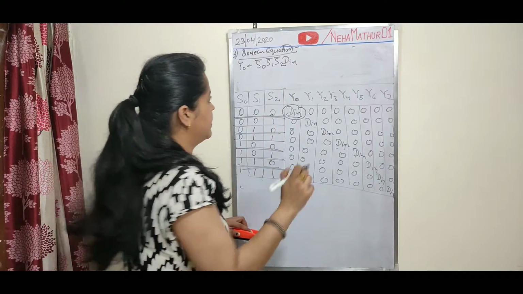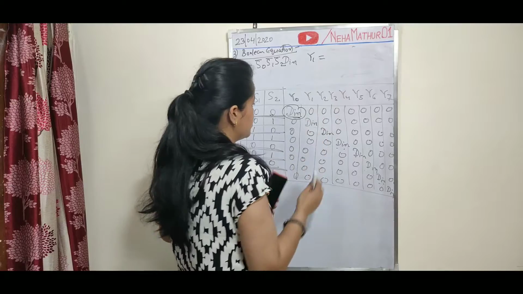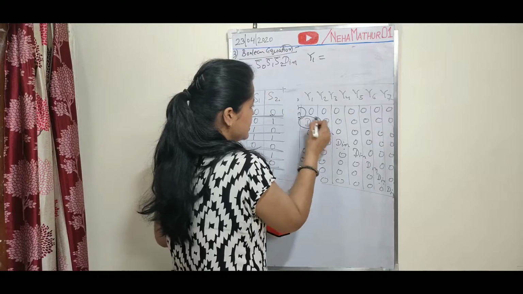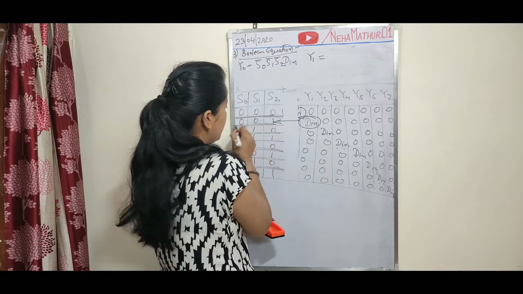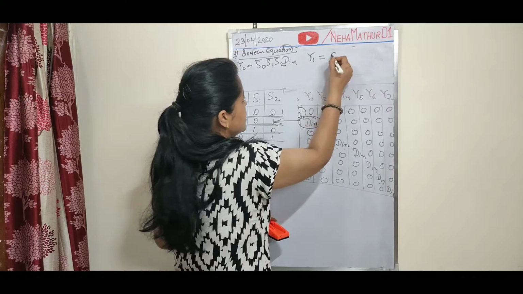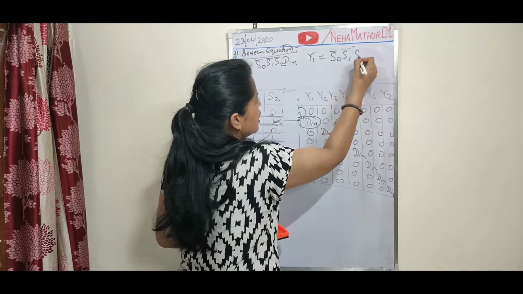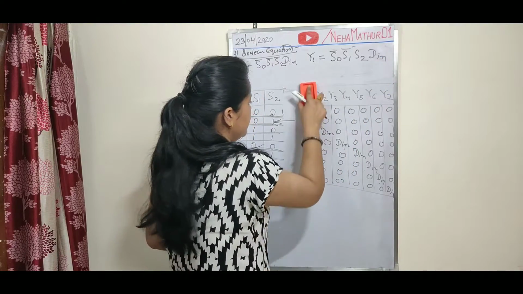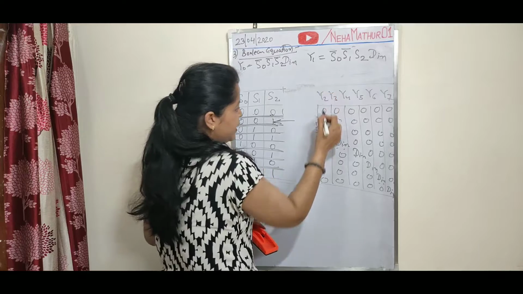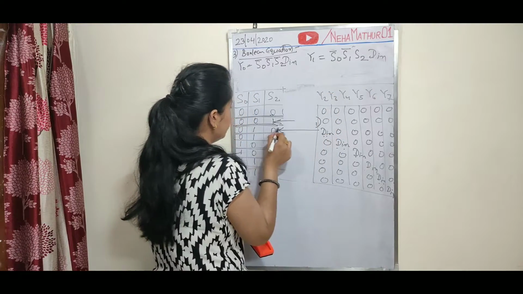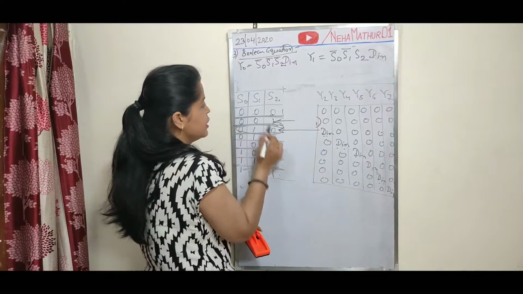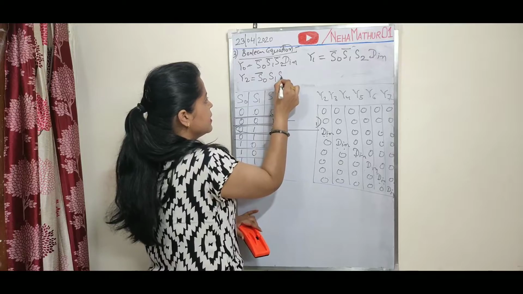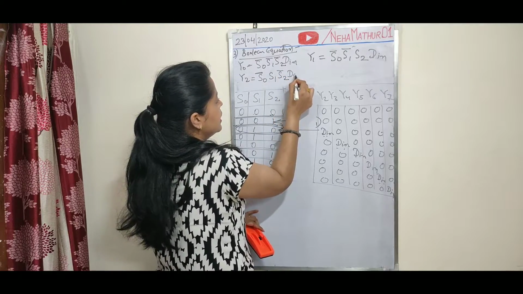This is for y0. y1 is equal to, because of this D in, and this is because of the combination 0, 0, 1. So 0, 0, 1 D in. Fine. y1 is clear. Now the next is y2, and this D in is because of this combination 0, 1, 0. y2: 0, 1, 0 D in.